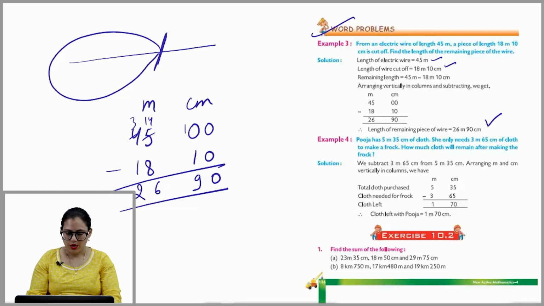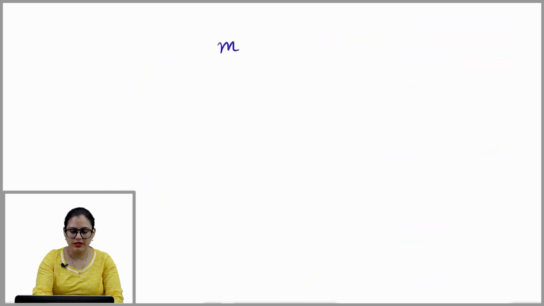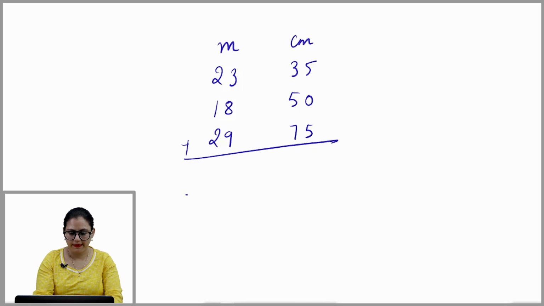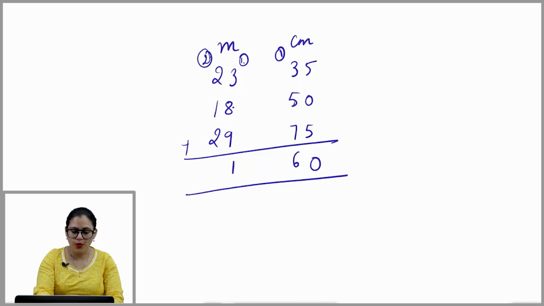Okay, so you will make two columns, one for meter, one for centimeter. 23 meter 35 centimeter, 18 meter 50 centimeter, 29 meter and 75 centimeter. 5 plus 5, 10, 1 carry. 3 plus 1, 4, 4 plus 5, 9, 9 plus 7, 16, 1 carry. 3 plus 1, 4, plus 8, 12, 12 plus 9, 21, 2 carry. 2 plus 2, 4, plus 1, 5, plus 2, 7. So 71 meter 60 centimeter is the answer. Right?